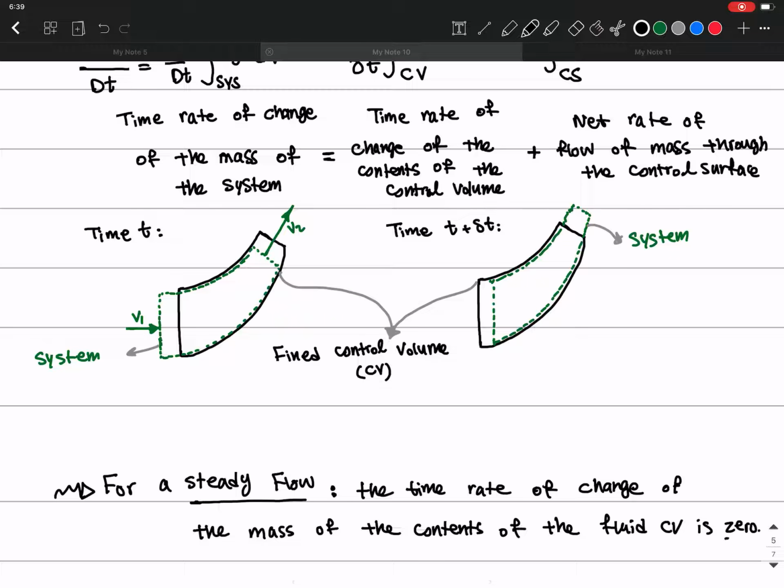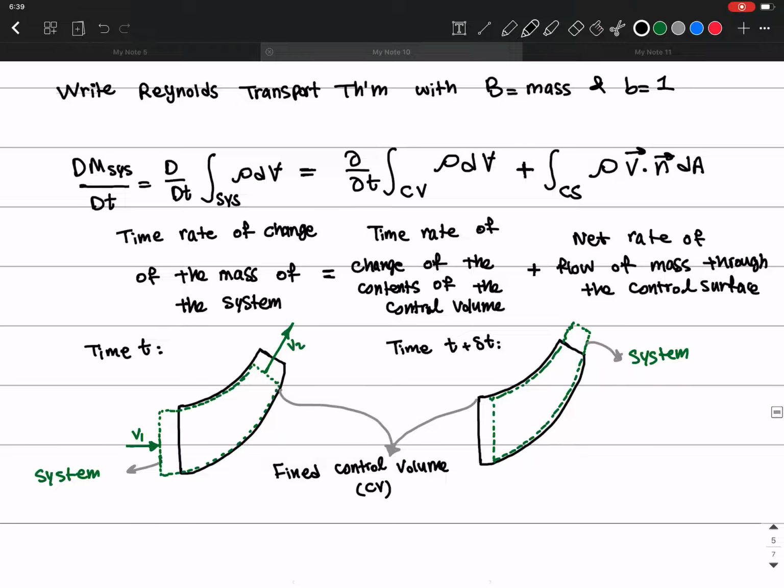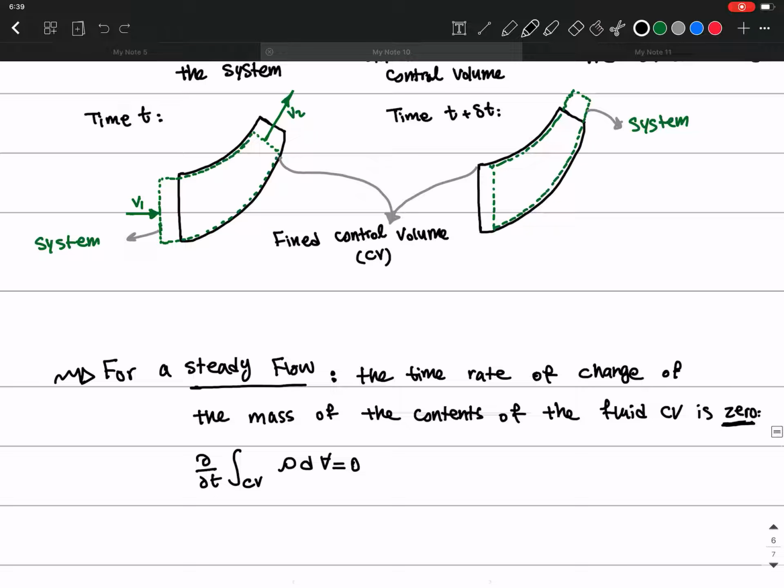This is a definition of a steady flow. This is just a definition. So what does this mean? This means that the partial over partial t of the integral over the CV of rho dV equals 0. This is just this term. Okay, so this is the definition of a steady flow.